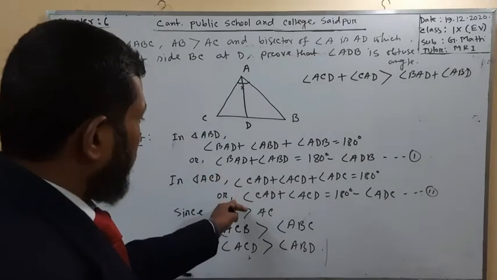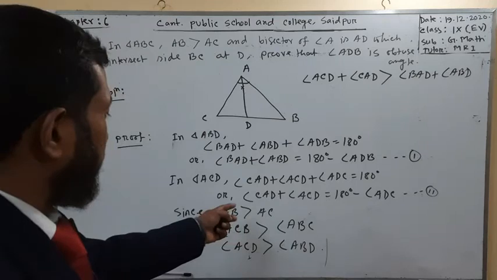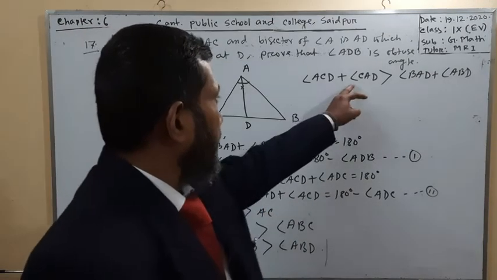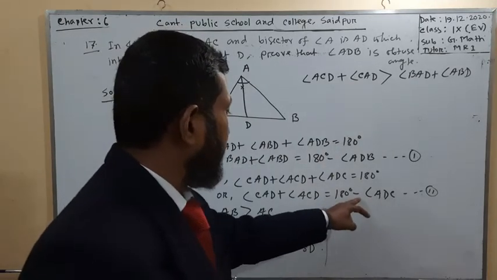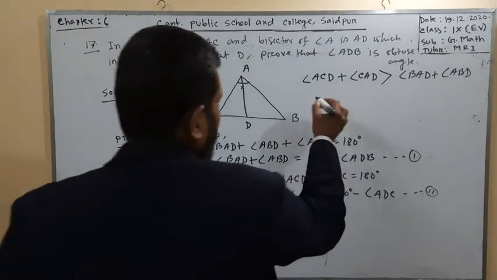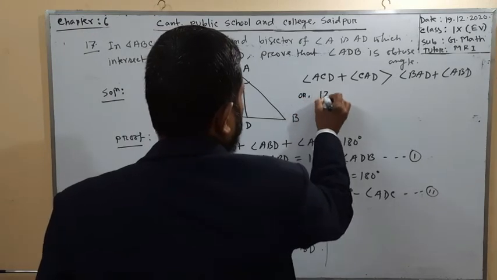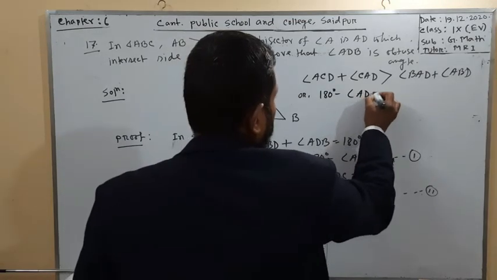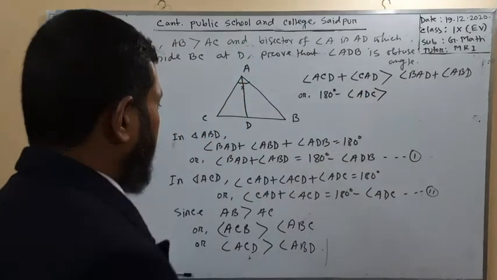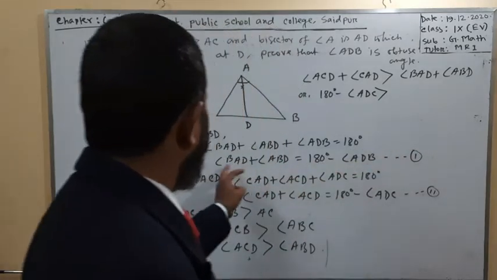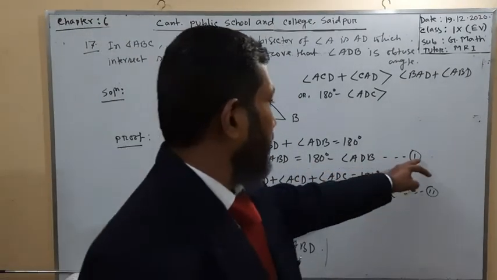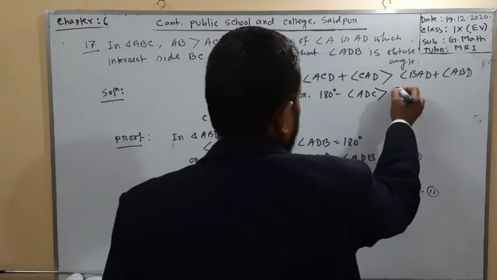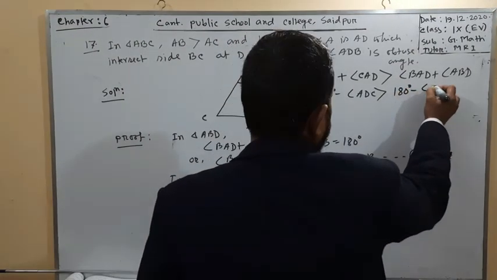Here in equation 2, we are seeing angle CAD plus ACD is equal to 180 minus angle ADC, and angle BAD plus ABD, from equation 1 we see, is equal to 180 minus ADB.